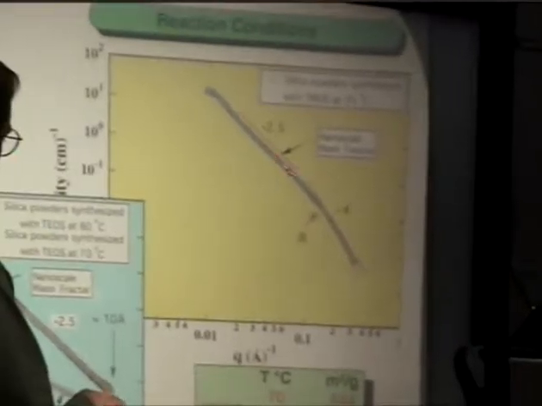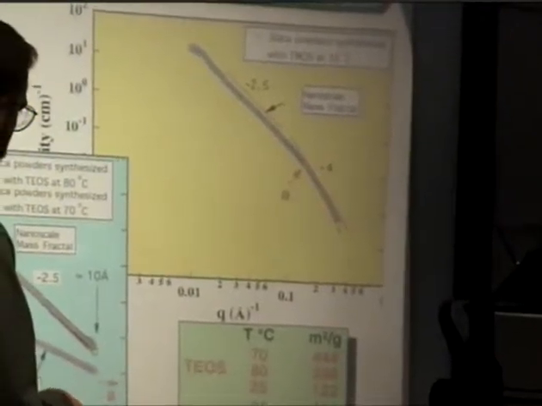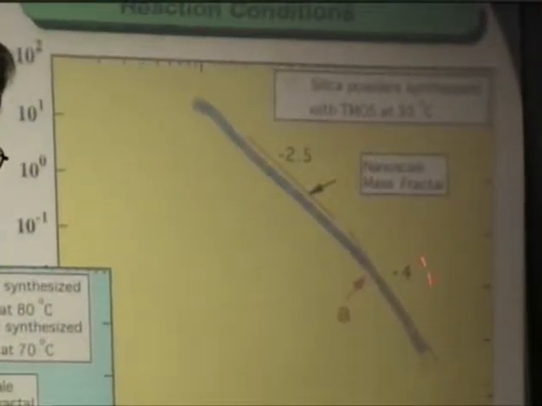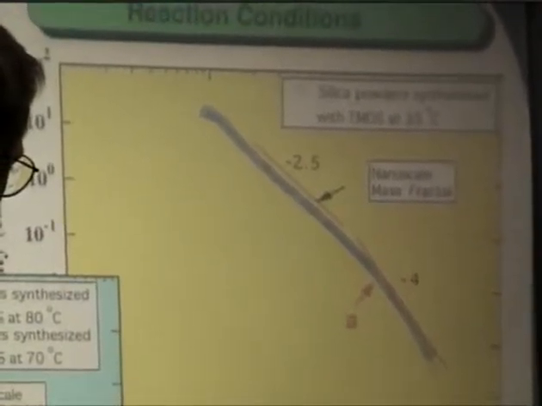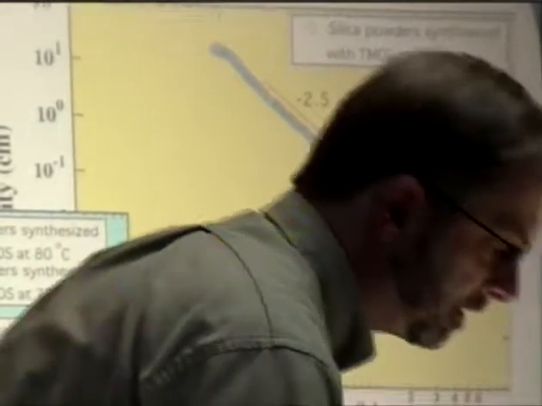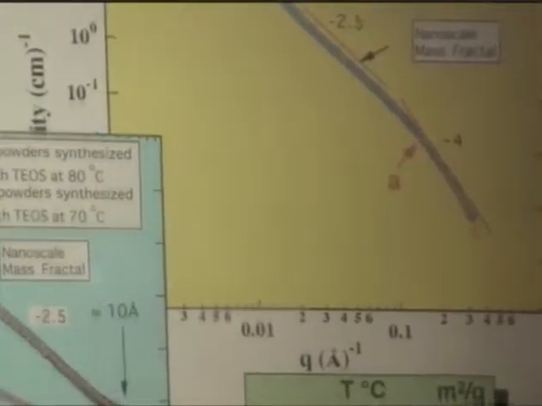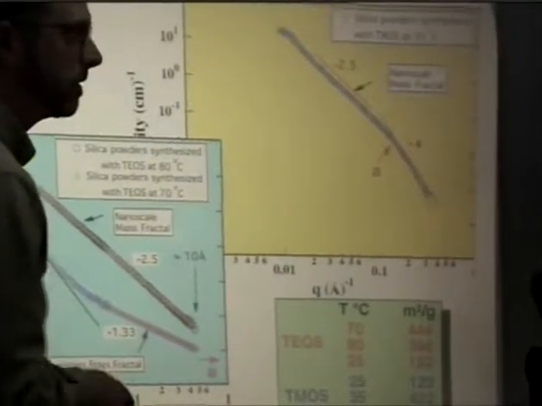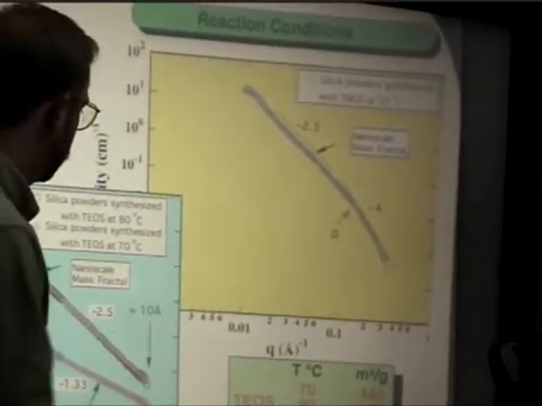The primary particle, in this case, is close to 50 angstrom, 5 nanometers, at 0.1 inverse angstrom. All right, so this thing has a huge surface area which is accessible. This mass fractal, kind of aggregated structure allows access to these surface areas.